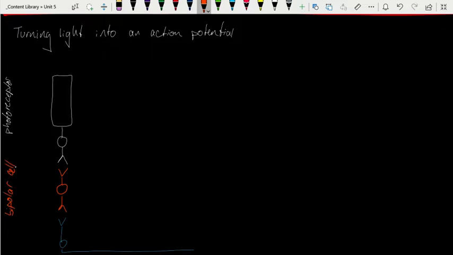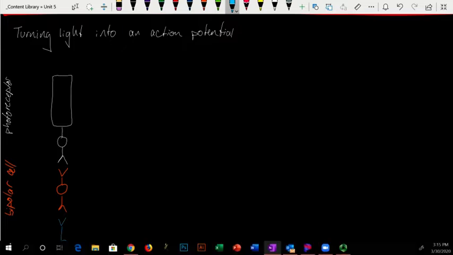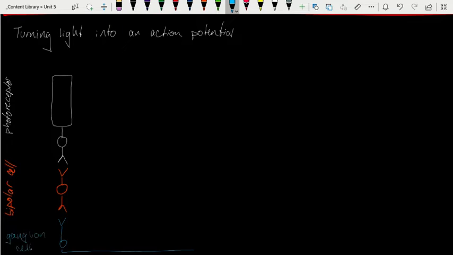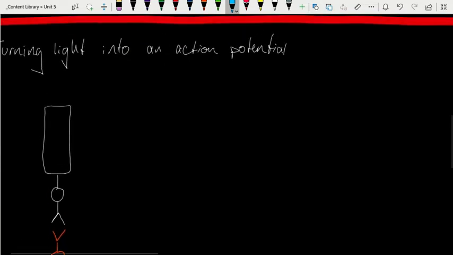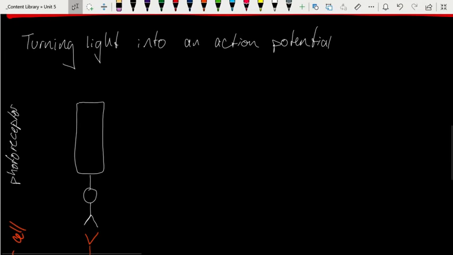And this one in particular is a bipolar on cell. That's the only system that we're going to be talking about. And then on the bottom, our ganglion cell. What we're really interested in understanding right now is what's going on with this photoreceptor cell.